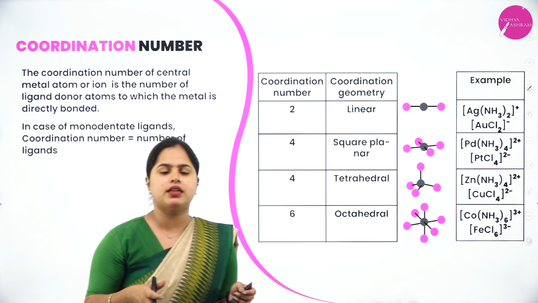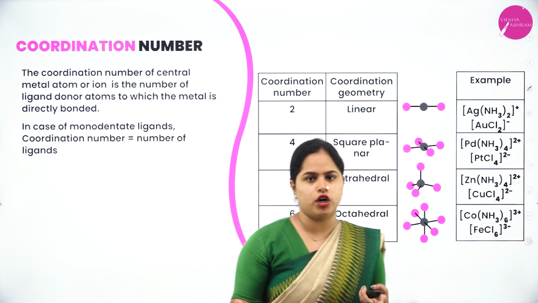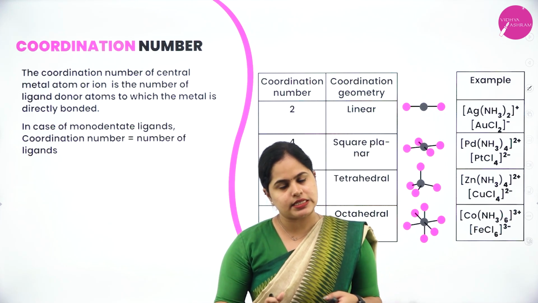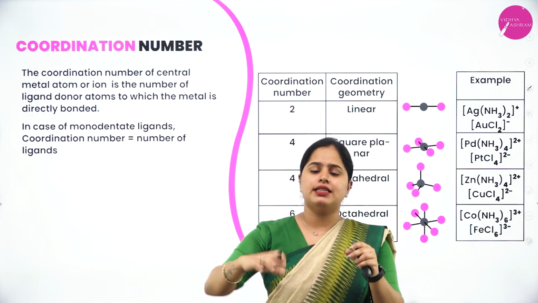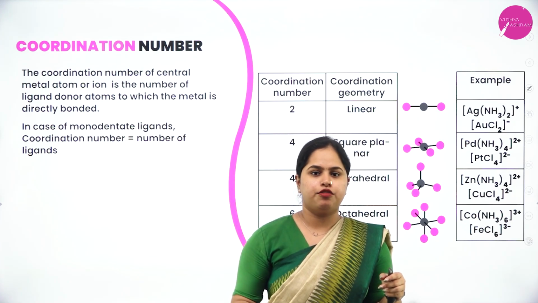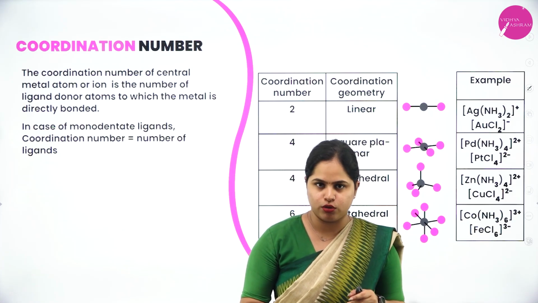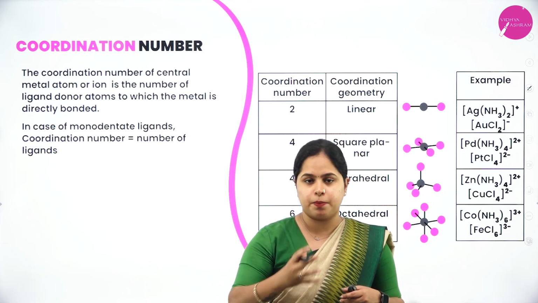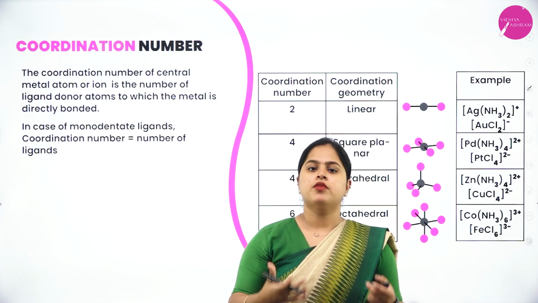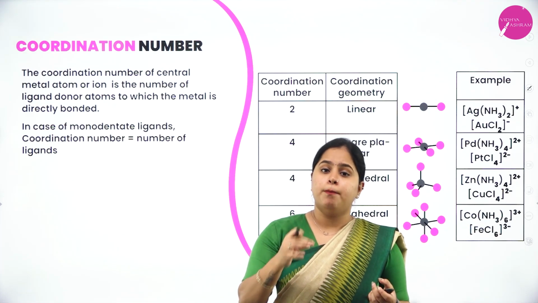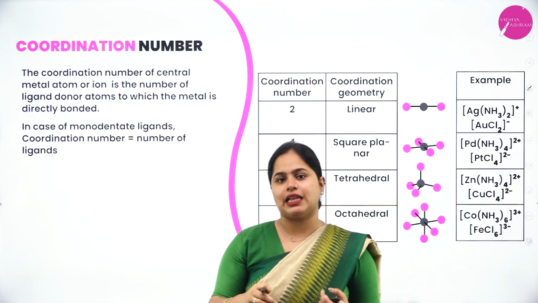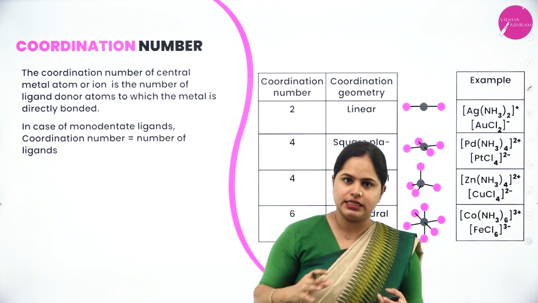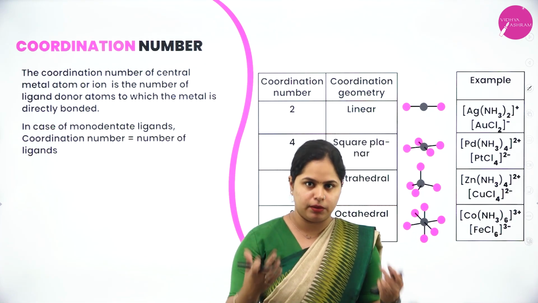So how can you determine coordination number? We have already discussed there is a central metal atom, and surrounding it there will be different ions or neutral molecules that are called ligands, right? How many of those ligands are present? That is called the coordination number. If it is a unidentate ligand, the number of ligands and the coordination number will be equal.